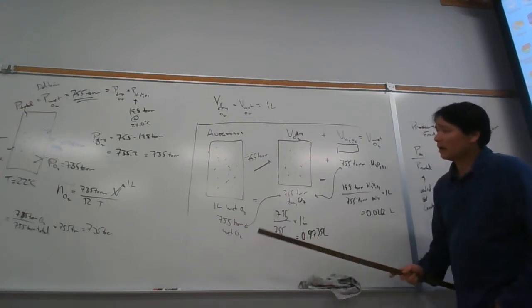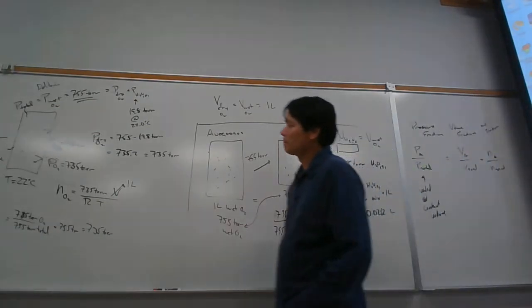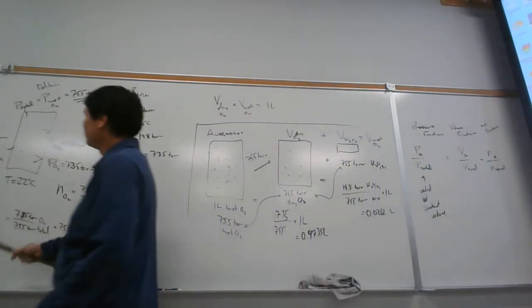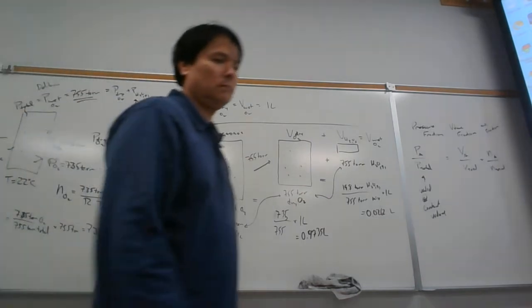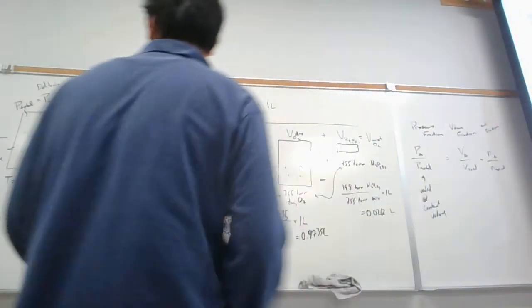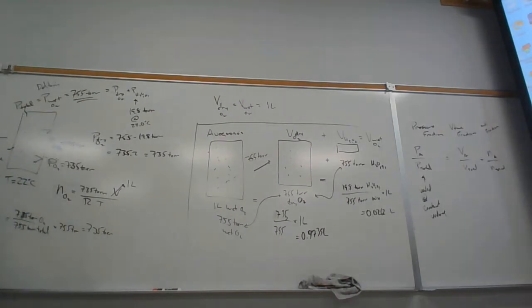So that's what we got over here. 735 torr of oxygen. This is about 20 torr of water vapor. So if we combine these, that's going to give us our 755 torr total.